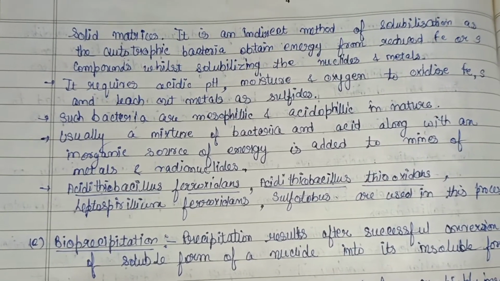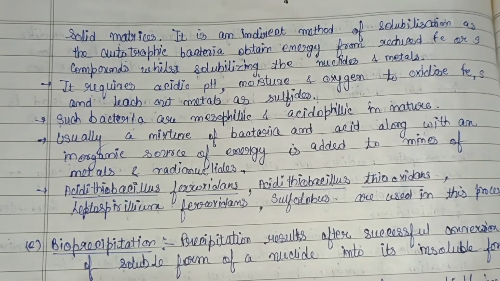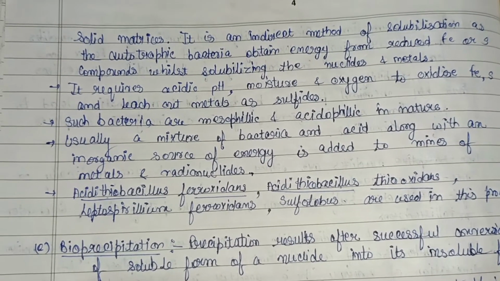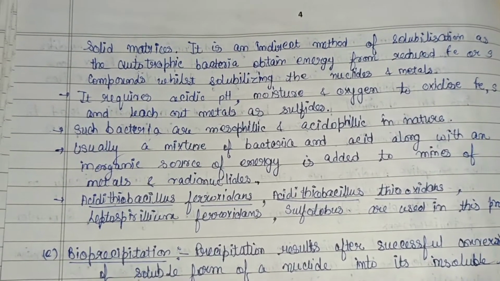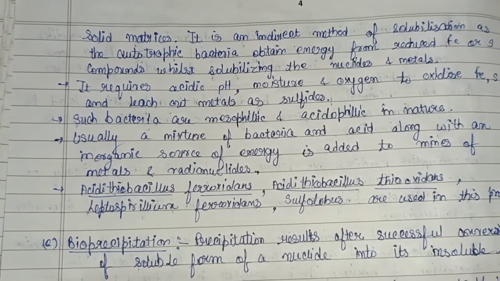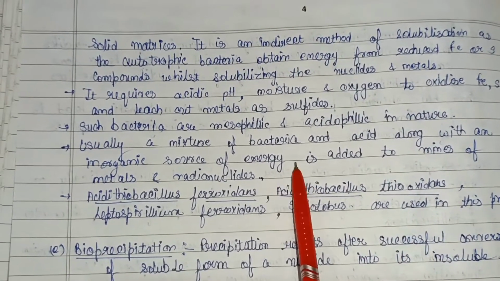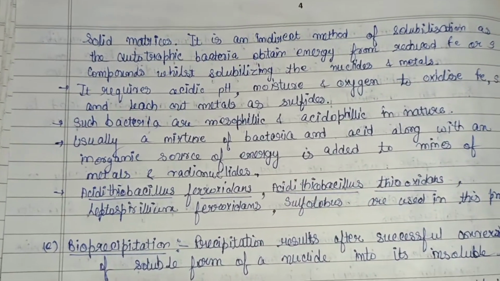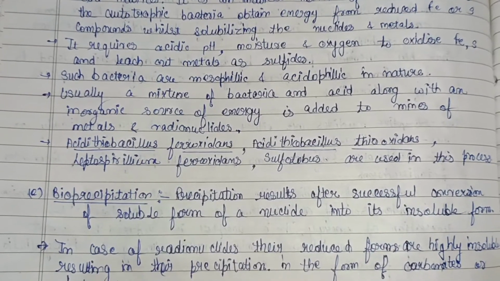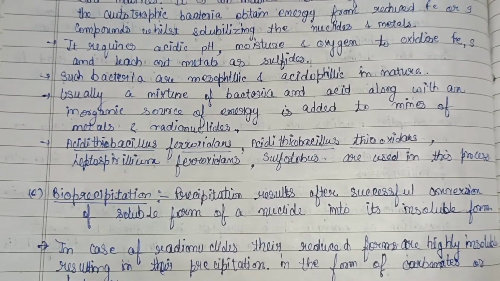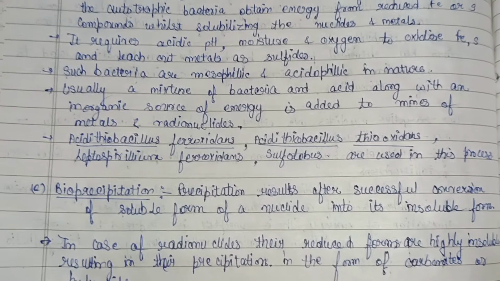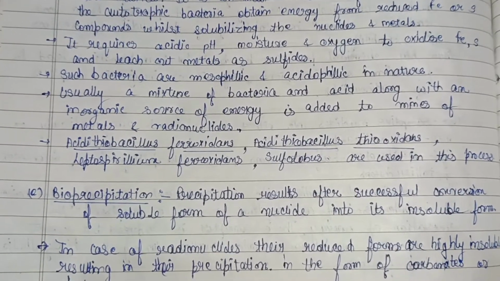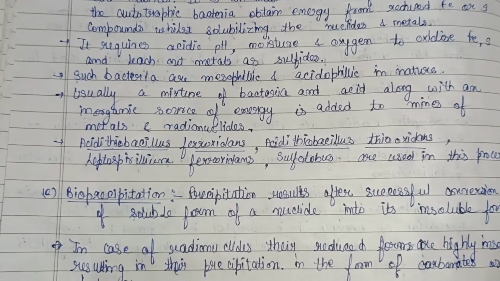Usually a mixture of bacteria and acid along with an inorganic source of energy is added to the mines of the metals and radionuclides. Earlier we studied acid mine drainage, where bacteria and acid are utilized for the treatment, and this practice is the main principle behind that.